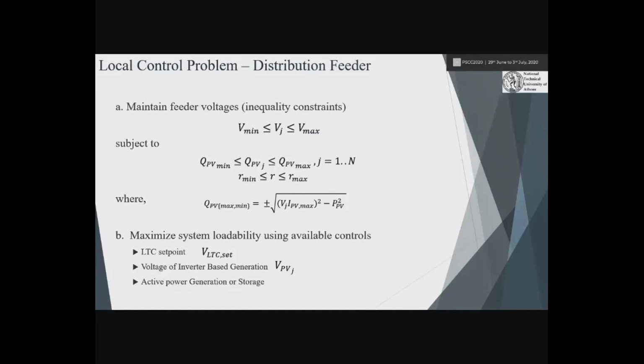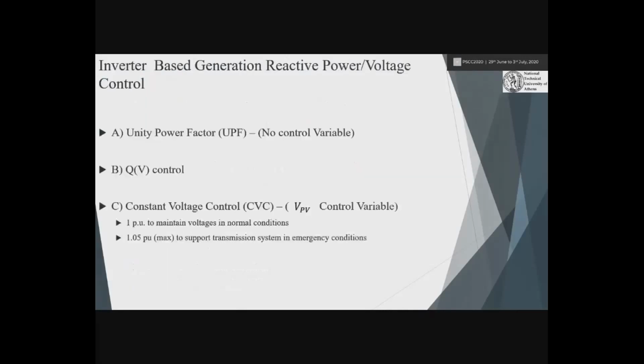The secondary objective is to use these available controls in order to maximize the system loadability margin and support the transmission system.